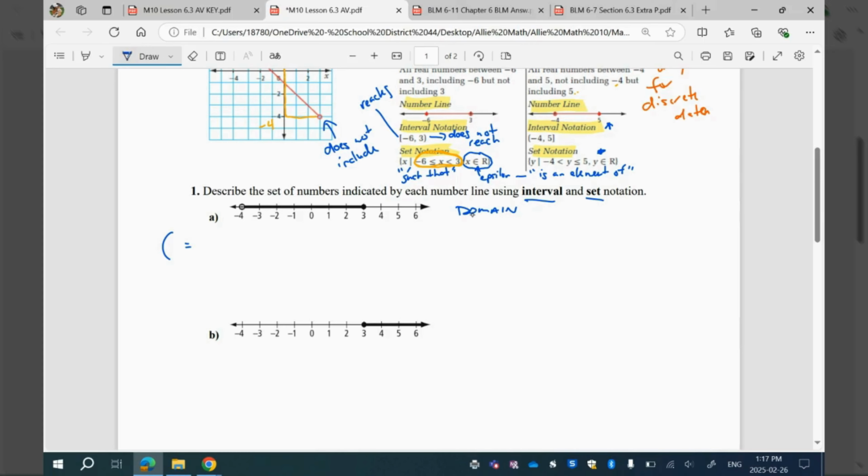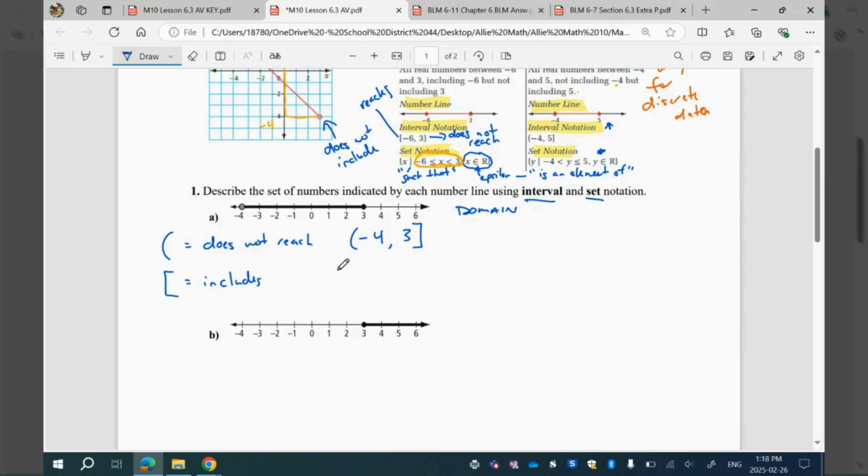This bracket equals does not reach. And this square bracket equals, let's say maybe includes, is that a better word? So this one does not reach -4, and it includes 3.